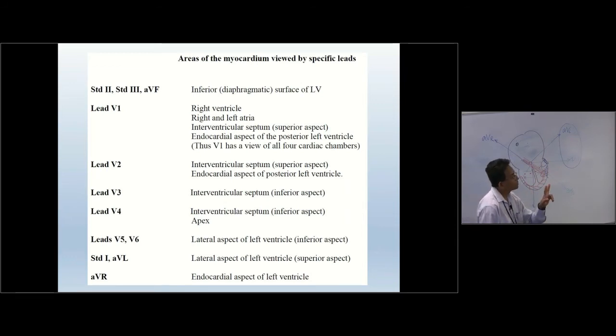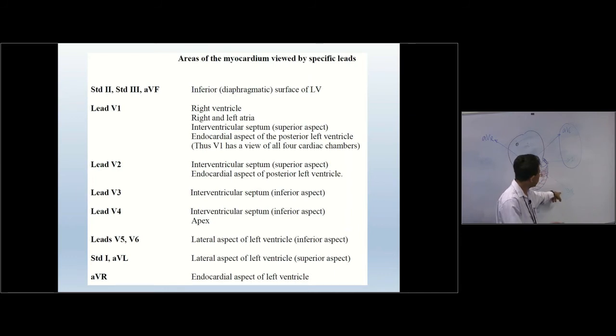We choose lead 2 as the rhythm strip because mainly the summation of the current is heading towards lead 2. Because of that, it produces the best waveform. So one of the ECG laws is, if electricity is directed towards a particular lead, it produces the best, or positive, waves.